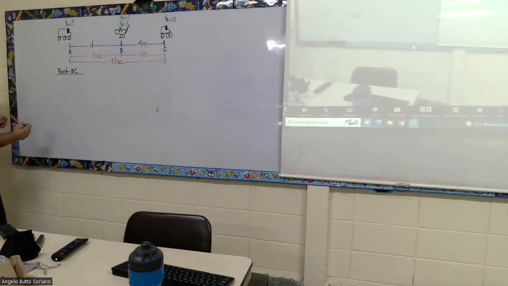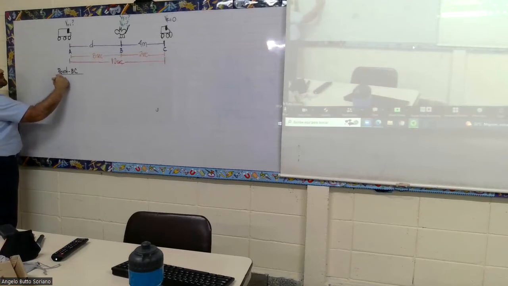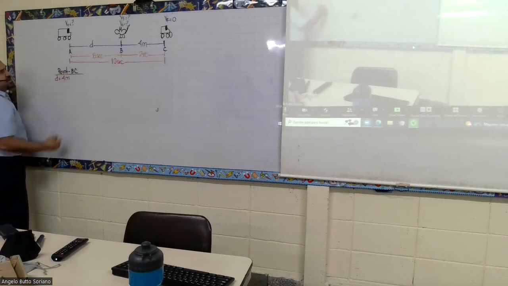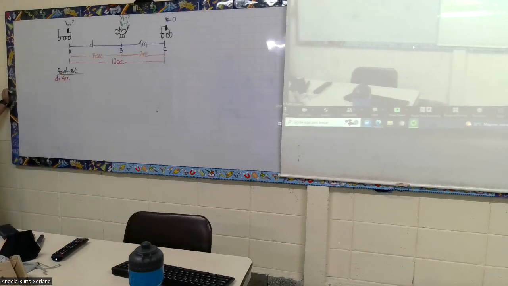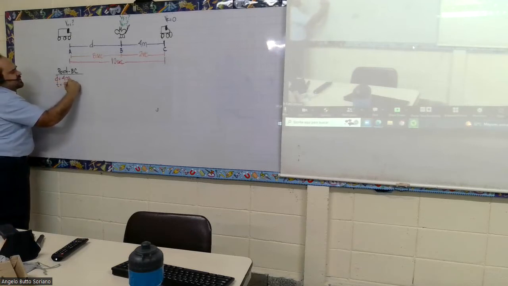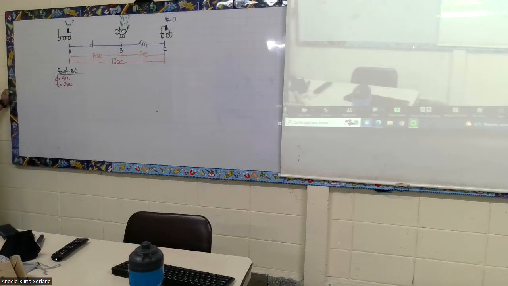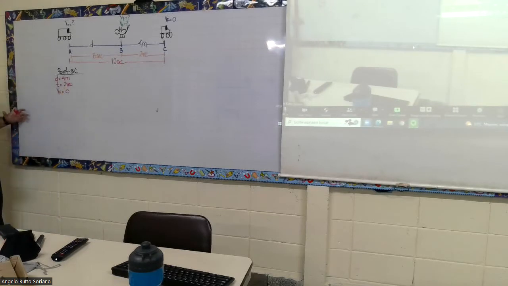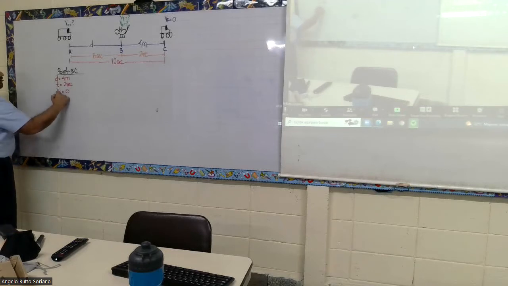What is the distance the cable car moves from B to C? 4 meters. What is the time from point B to C? 2 seconds. Perfect. We know the final velocity: it will be 0, because the cable car comes to rest at point C after the 10 seconds. And the unknown variable will be the initial velocity.